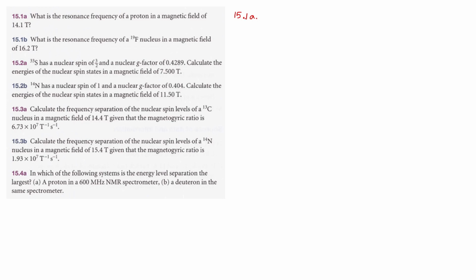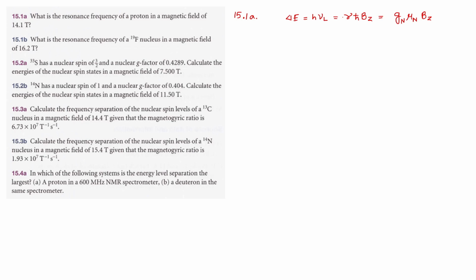The resonance frequency: you remember that delta E is actually h nu L, which you can write as gamma h-bar B_z, and you can also write it in terms of the nuclear g factor, the nuclear magneton, and then obviously the magnetic field along the z axis.